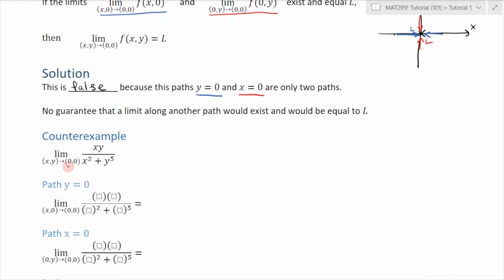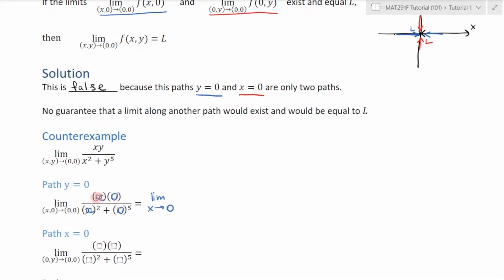So for this example, when you're approaching along the path where y equals 0 identically, you would need to plug in y equals 0 everywhere here, and then x stays as is. So then this is just a limit as x approaches 0 of what?